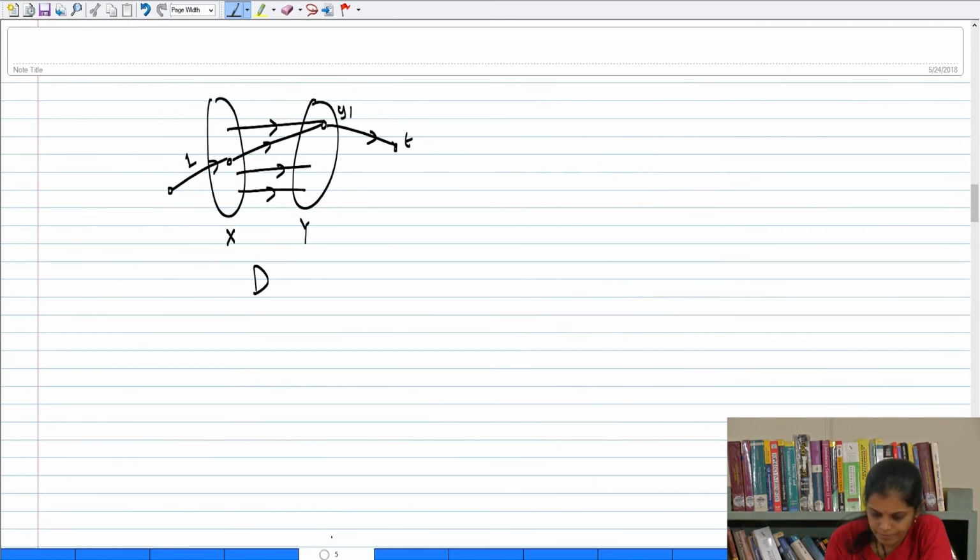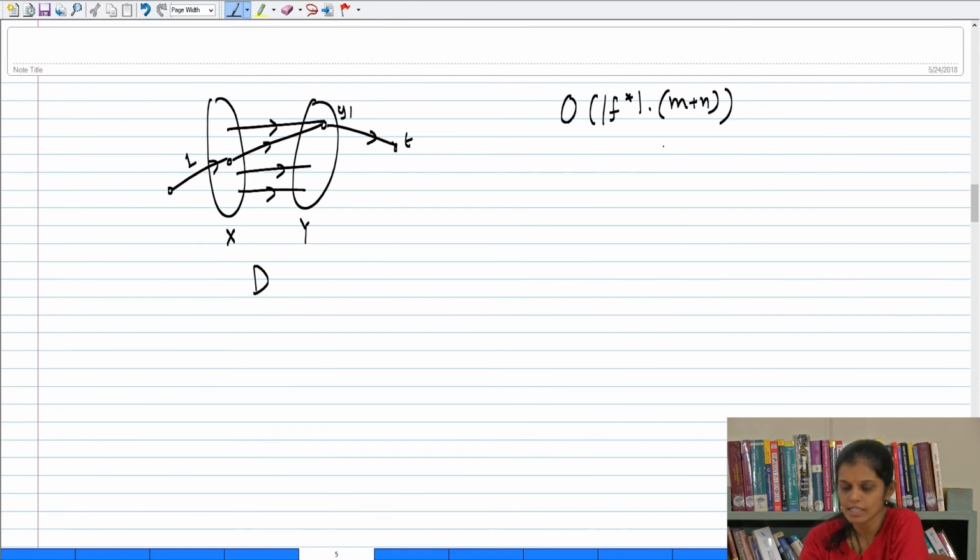And we have already done much of the analysis so that we can just plug in values now, right? So we said that the Ford-Fulkerson method runs in time value of f star times (m plus n), right? m is the number of edges in the flow network, n is the number of vertices in the flow network, and we should relate all of these back to the bipartite graph, right?